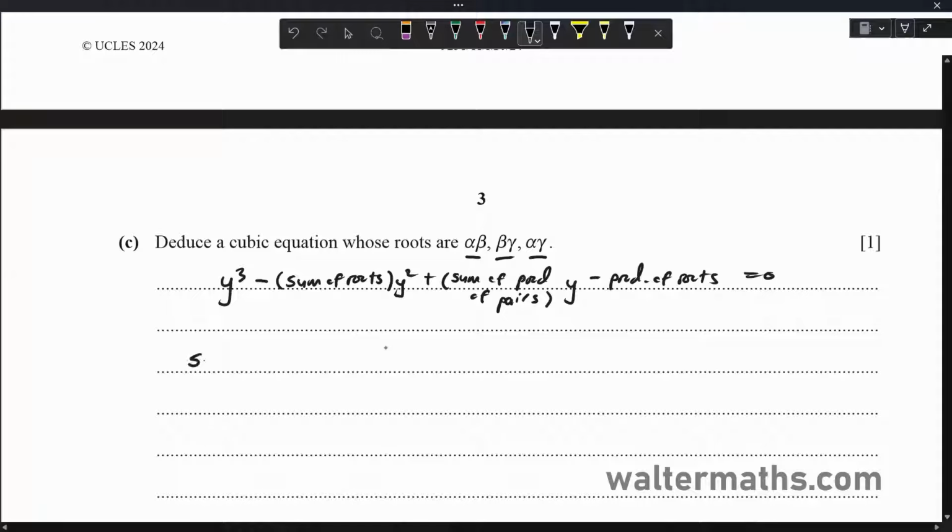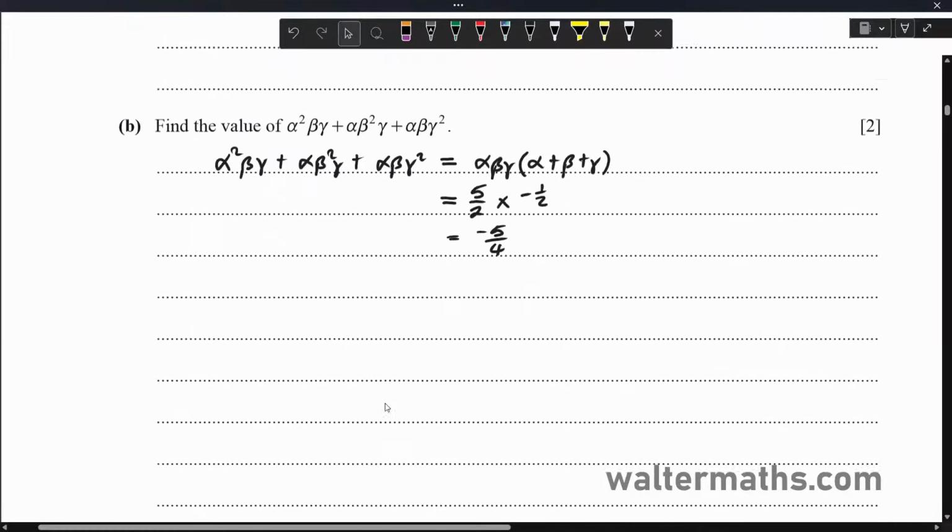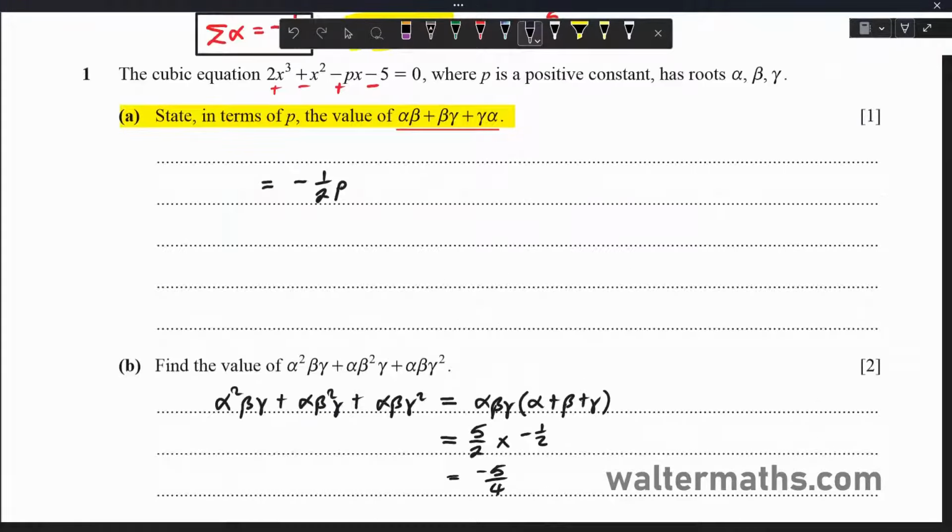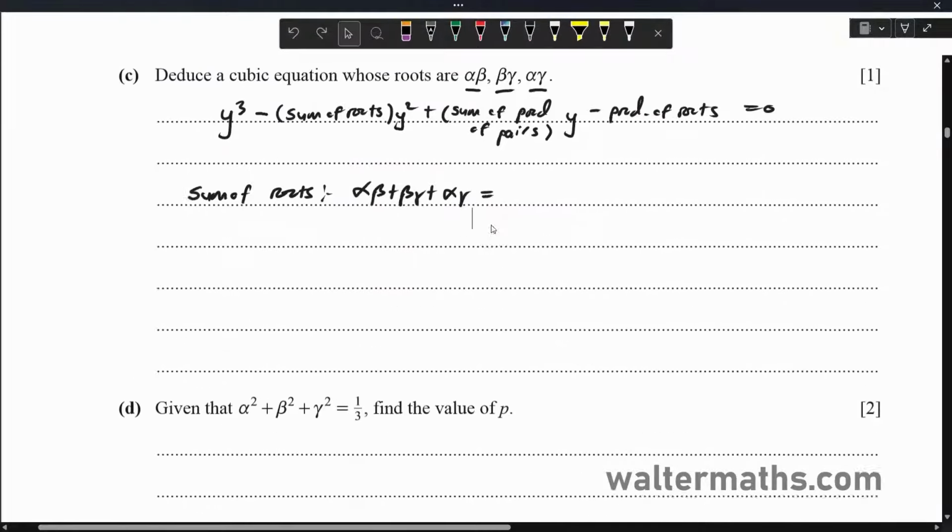So we need to find the sum of roots. The sum of roots would be alpha beta plus beta gamma plus alpha gamma, and we've already found this on part A. It's actually minus a half of p.